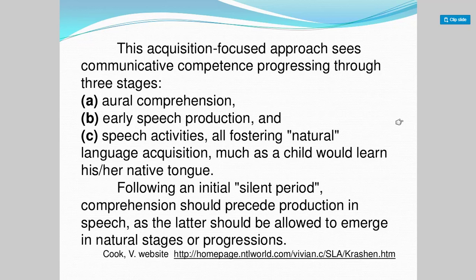No interaction, just listen and repeat, listen and comprehend, listen and memorize. The second factor is going to be the early speech production, meaning that you are going to try to create your own ideas, taking into account what you have listened. And the third one is going to be the speech activities, meaning the natural part. That is to say that I talk, you talk, and then I listen, you listen, and there's going to be over there a communicative process.